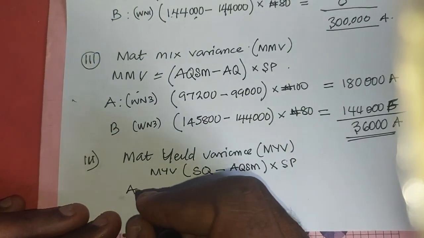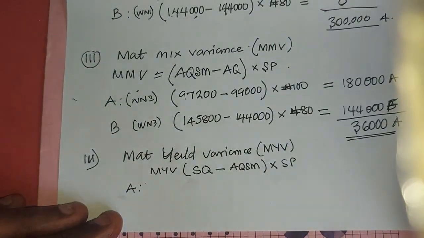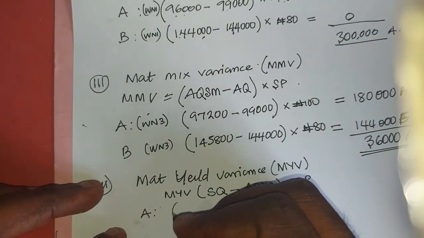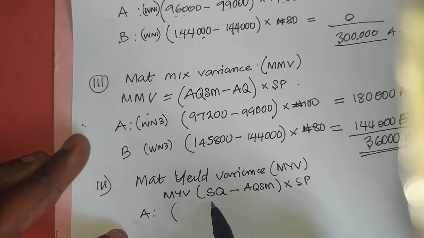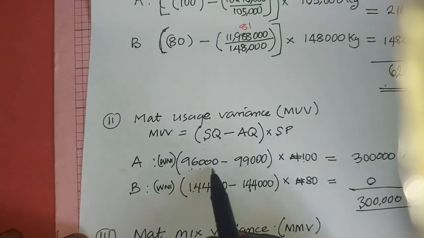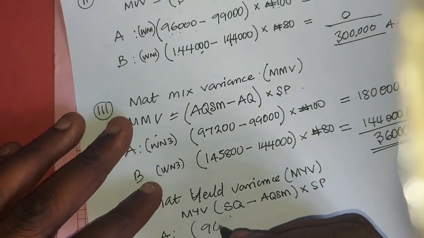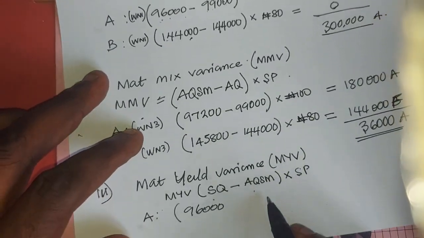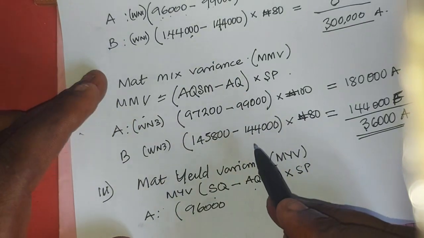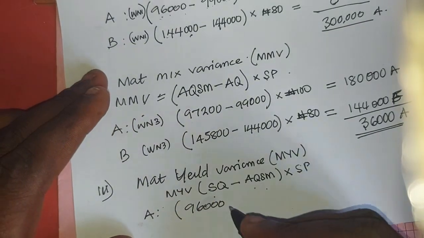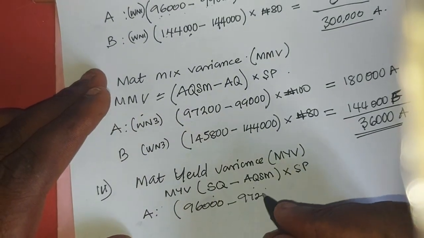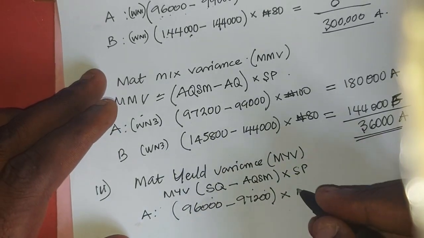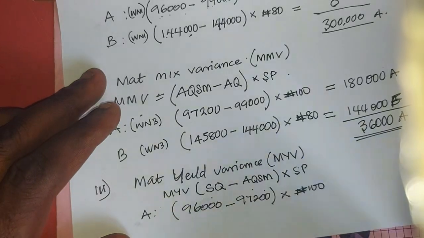So for A, we have the standard quantity, that is 96, minus the actual quantity in standard mix, 9,700, multiplied by the standard price, which is 100.